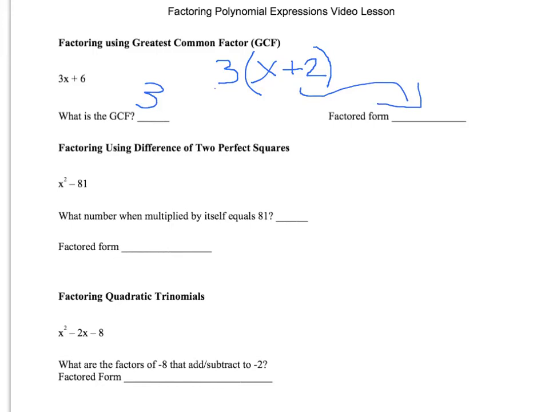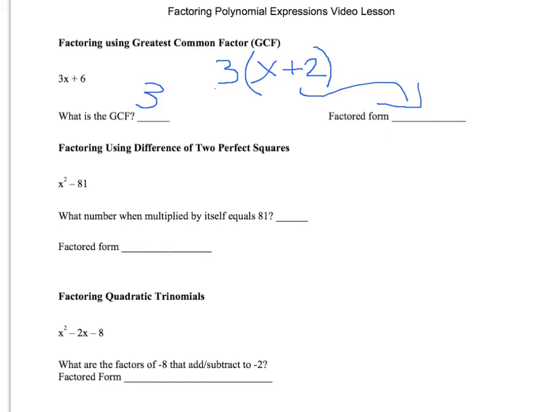For factoring using difference of two perfect squares, again, the first thing we look for is a GCF. Unfortunately, there is not a greatest common factor between x squared and negative 81. So what I do notice is that I have a squared factor minus a perfect square. A perfect square is a number where you can take something times itself to get to 81.